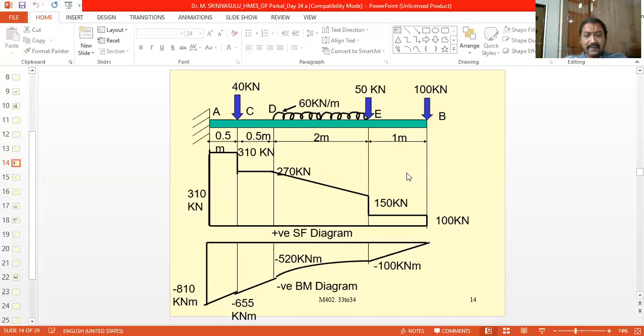Next, coming to the bending moment at point E. Now, if you come to the point E, what is happening?